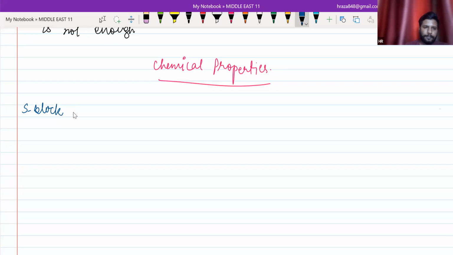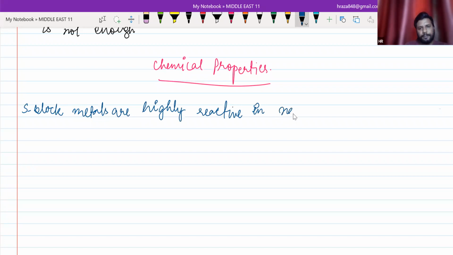S block metals are highly reactive in nature due to low ionization energy. Due to low ionization energy, size is larger and it can give its valence electron easily. That's why.